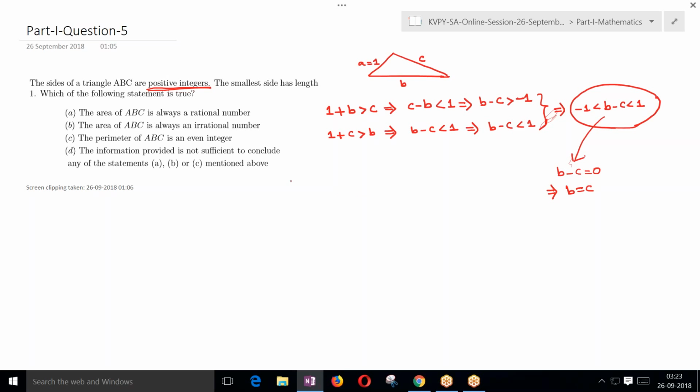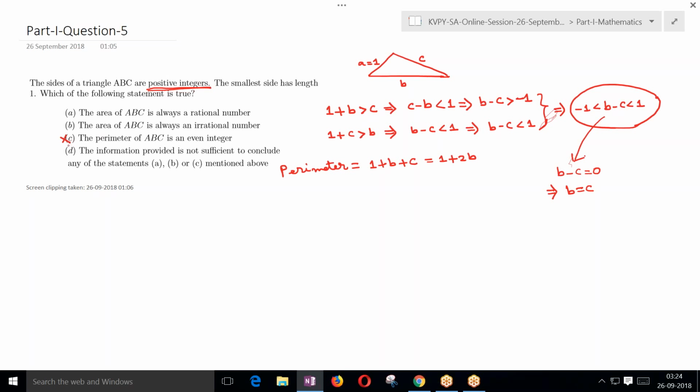The perimeter is equal to 1 plus B plus C, that is 1 plus 2 into B, since C is equal to B. 1 plus 2 into B is always an odd integer. So the perimeter of ABC is an odd integer. That option cannot be true.